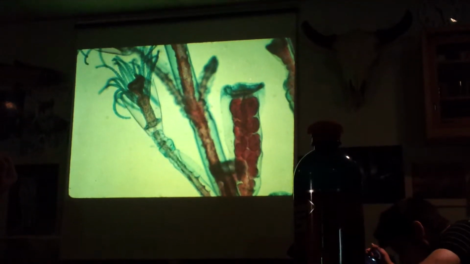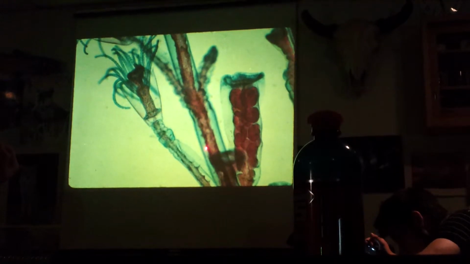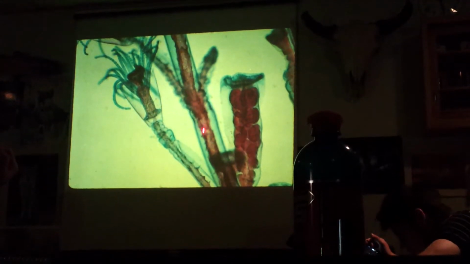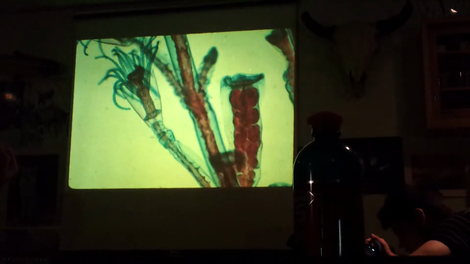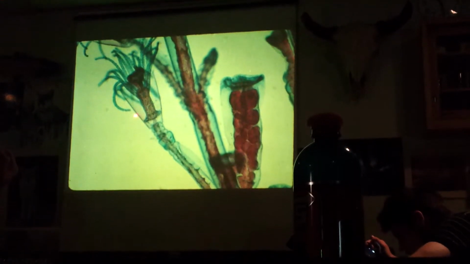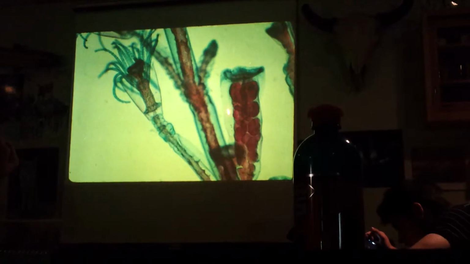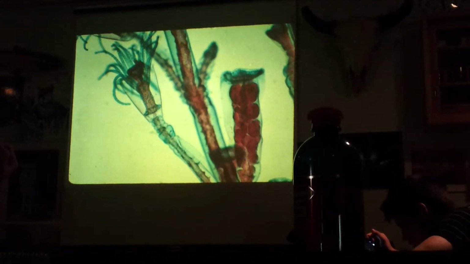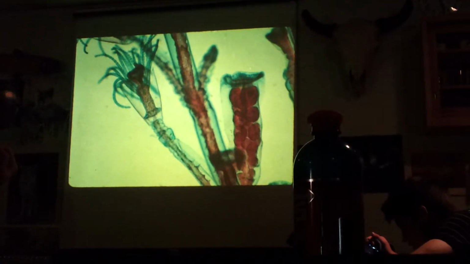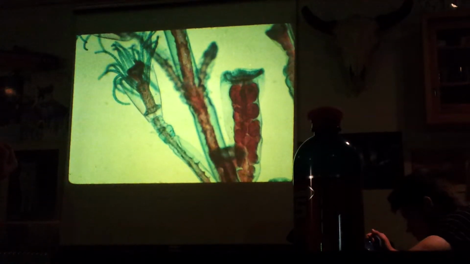Colonial, yep. That's a hydranth. This is a gonangium over here with a little medusa bud in it. And this is coenosarc, pink stuff, and this is perisarc. On this they call that a hydrotheca and a gonotheca for the perisarc. And I think that's about all it is for that.